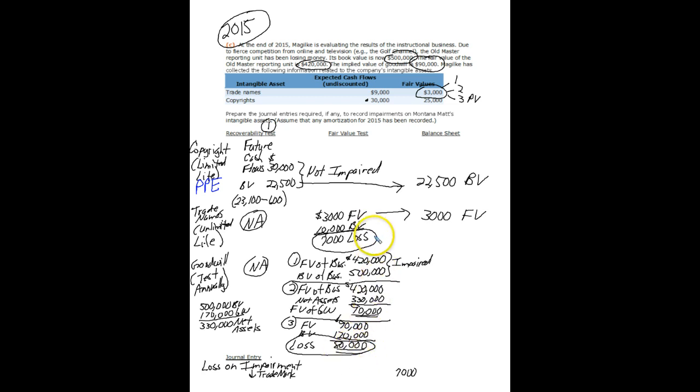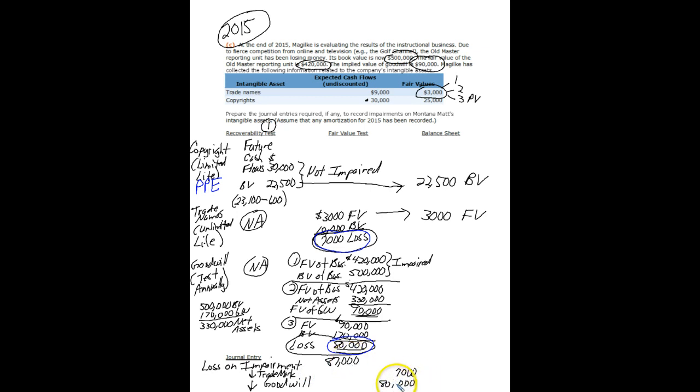So I'm going to combine these two losses. I'm going to take this $7,000 loss and this $80,000 loss and combine them in my debit to $87,000. So then we credit the trademark for 7, and we credit to reduce goodwill also by its loss of $80,000.